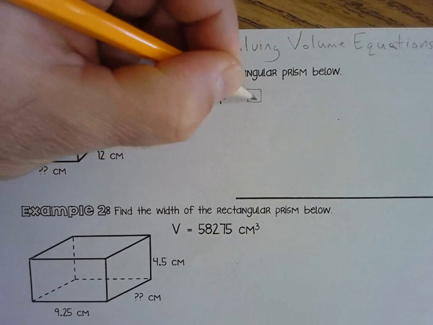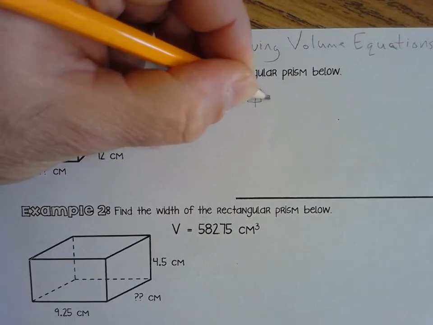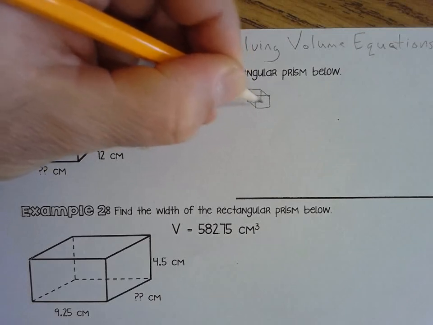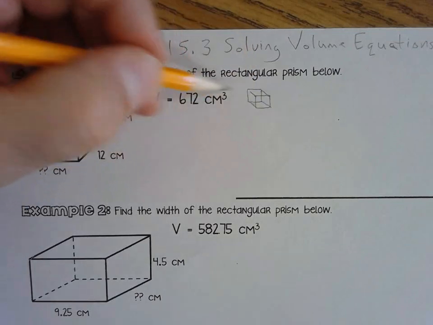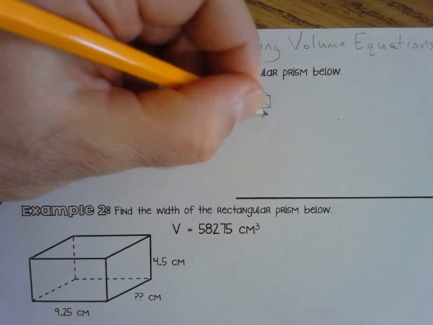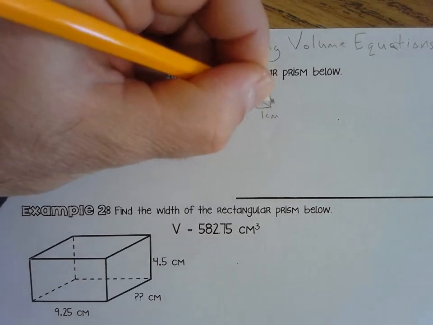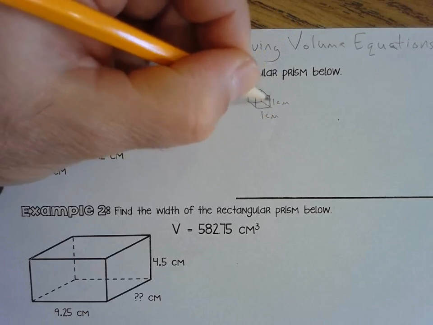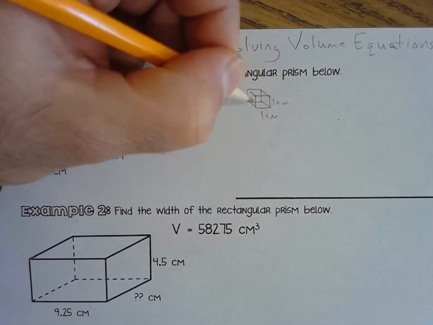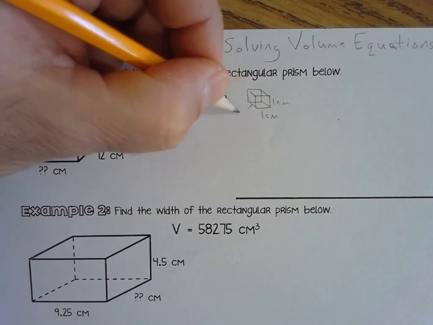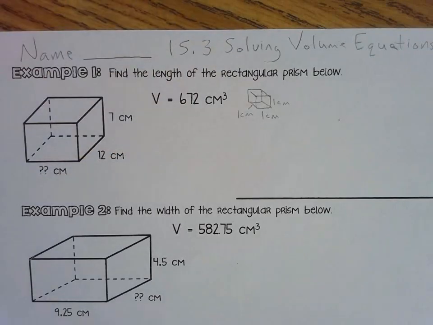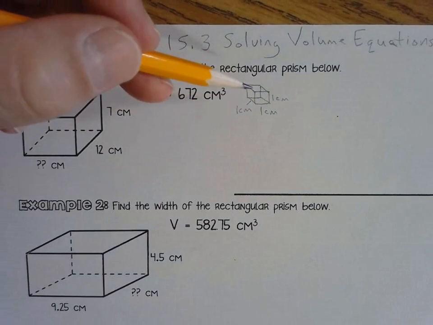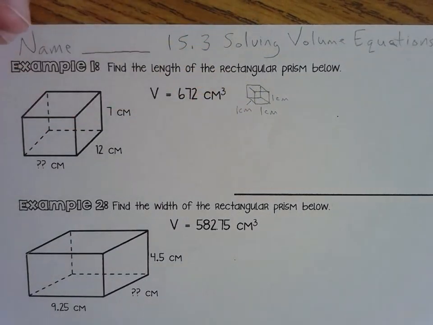If you draw a little cube three-dimensionally, that means if this cube is 1 centimeter by 1 centimeter, and that's your length, your height, and then your width is also 1 centimeter, that's a 1 centimeter cube, right?